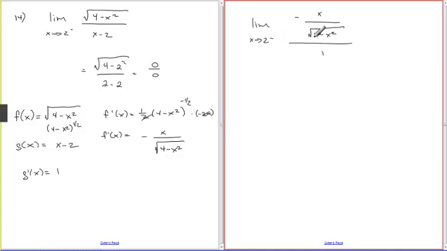If x is less than 2, then 4 minus something less than 2 squared is going to be positive. So this is going to be positive, and we end up with positive infinity when we divide by 0, and then we have a negative sign, and so we should get negative infinity as the answer.